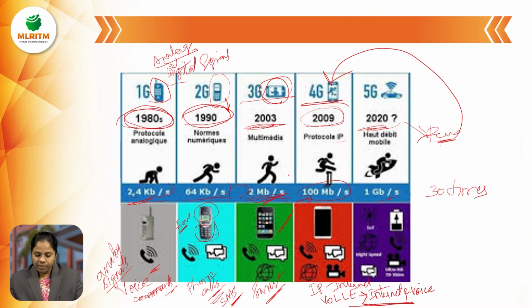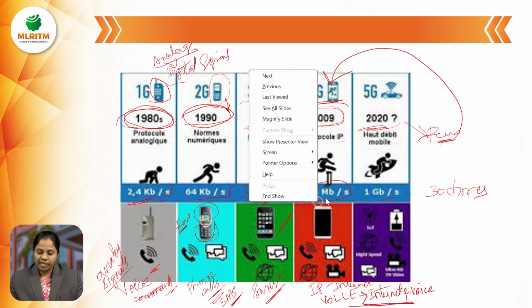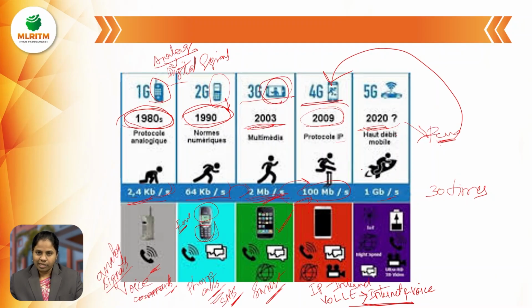The speed is 2 Mbps. Coming to 4G, from 2 Mbps, the speed has improved to 100 Mbps. This has both internet and voice facilities.